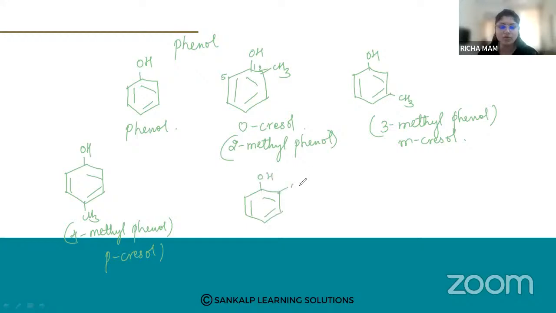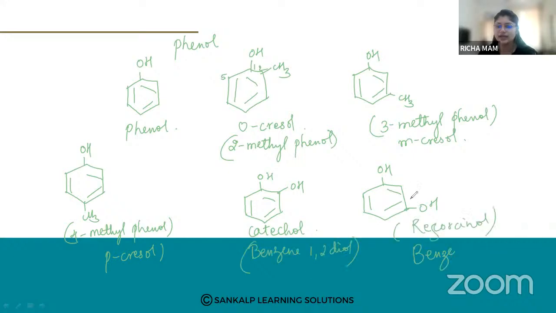Then when you have OH and OH on adjacent carbons, it is catechol. When you have OH and OH at the 1 and 3 positions, it is resorcinol, or benzene 1,3-diol.